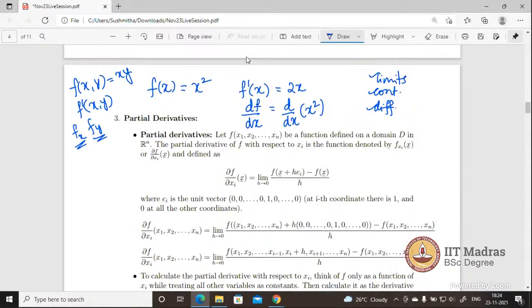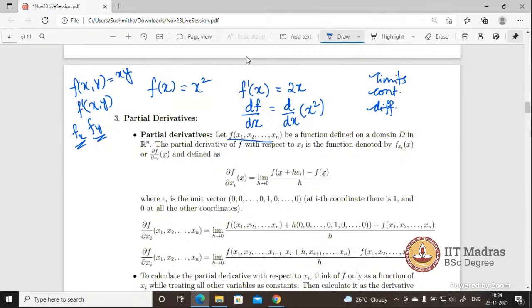Now you have a multivariable function. That is when you have a question, right? If it was a single variable function, depending only on one variable, then there is no question of derivative with respect to what variable. Only when the function depends on more variables, the question arises: derivative with respect to what variable?